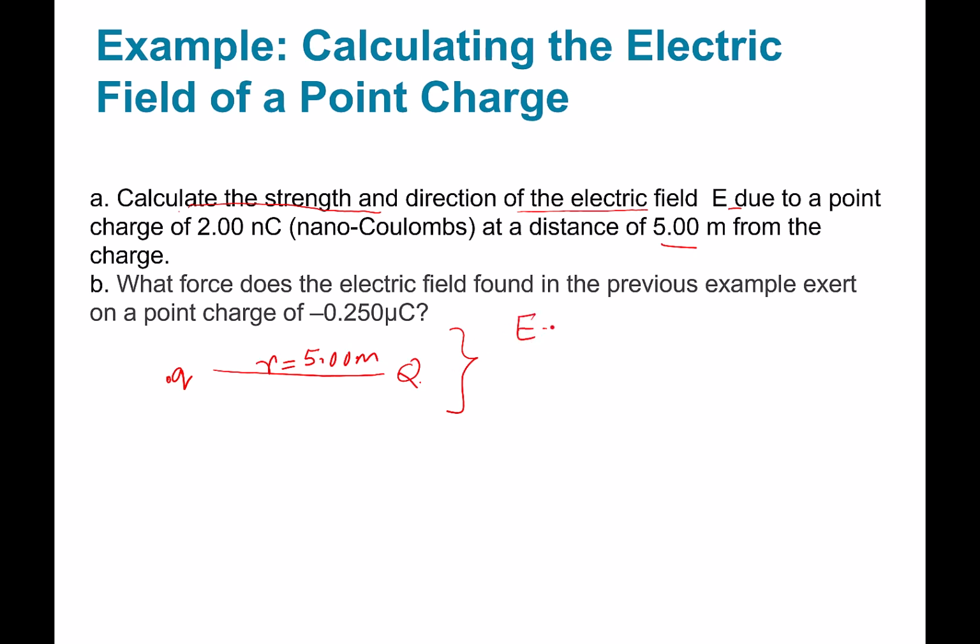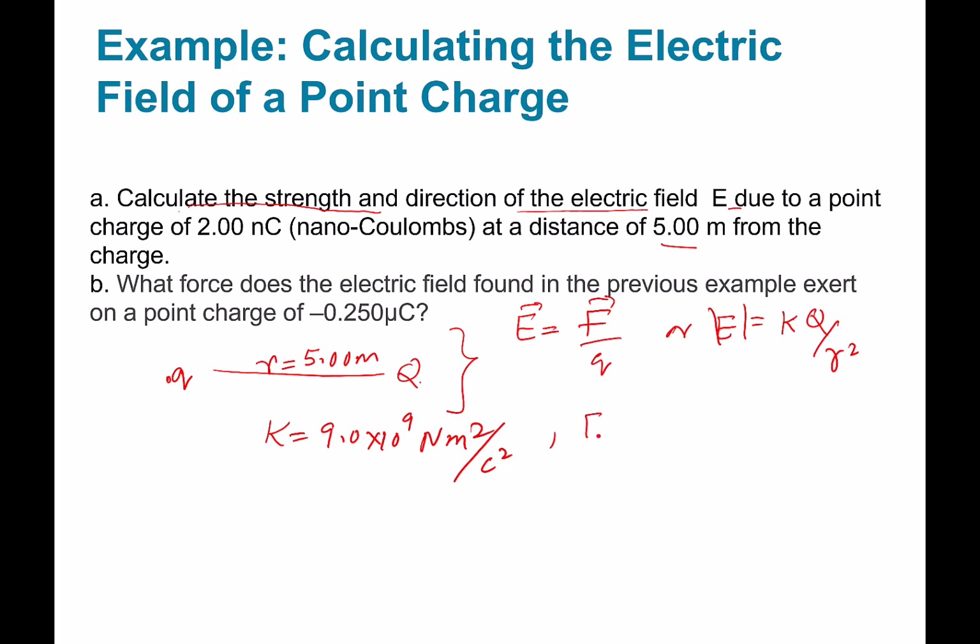We have two formulas for electric field. One is force over q, or we can also use E equals kQ over r squared, which is the magnitude of the electric field given by a single point charge. So we can simply substitute the values for k, Q, and r squared. We already know that k is 9.0 times 10 to the power of 9 newton meter squared per coulomb squared.